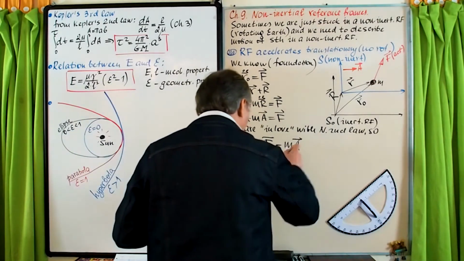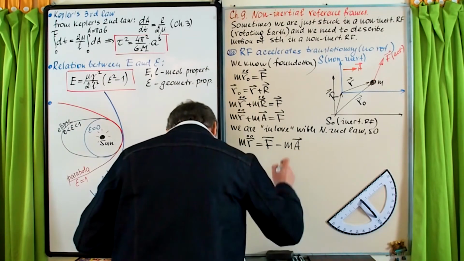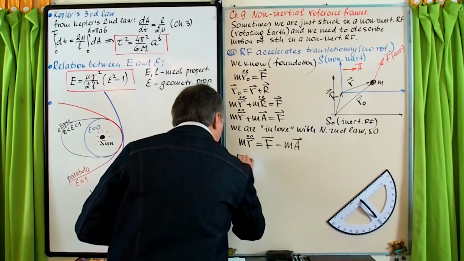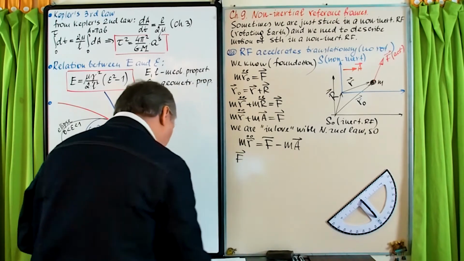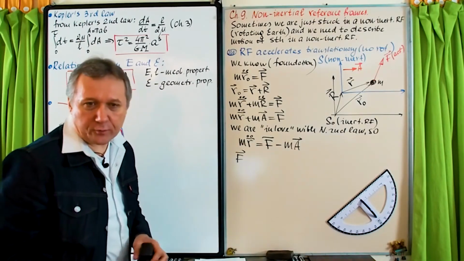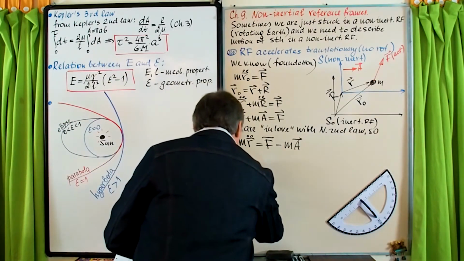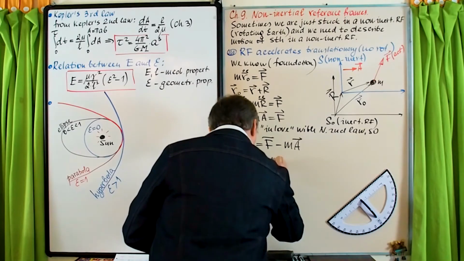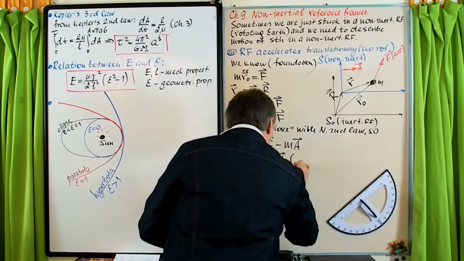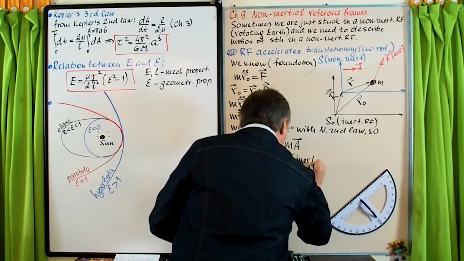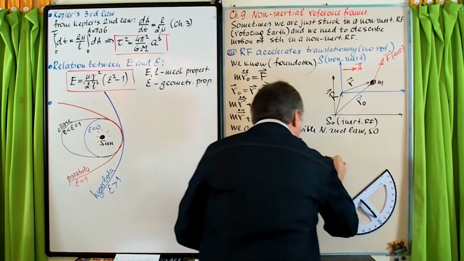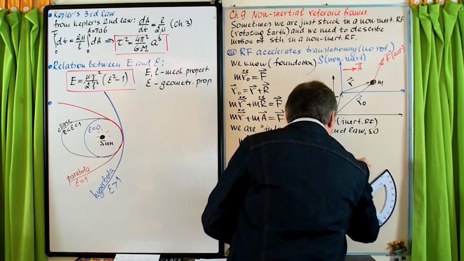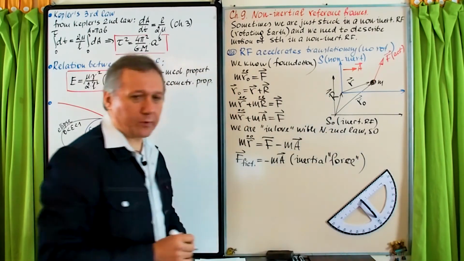Okay, so now, we can call it F fictitious, or, as I said, inertial force, right? So F fictitious equals minus ma. We can call it inertial force. You know what, probably I will put "force" in quotes.